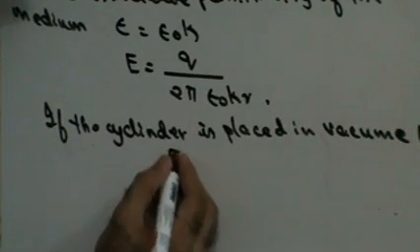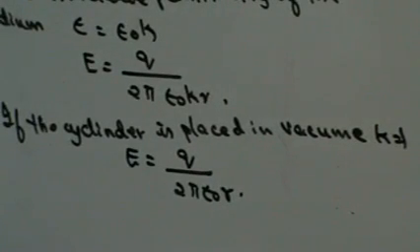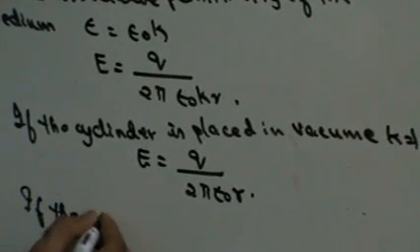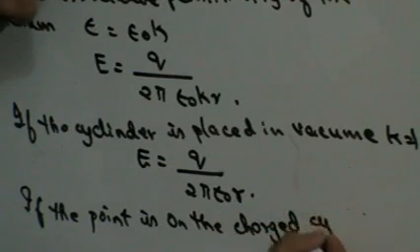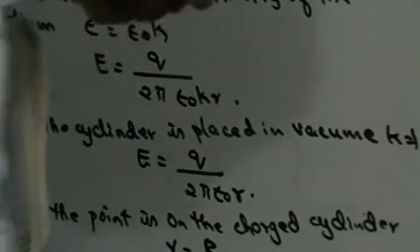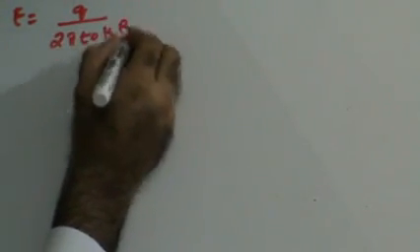So in that case, electric intensity will be Q upon 2 pi epsilon 0 R. Now, if the point is on the charged conductor or charged cylinder, then r will be equal to capital R, in which case the electric intensity will be E equal to Q upon 2 pi epsilon 0 K R.